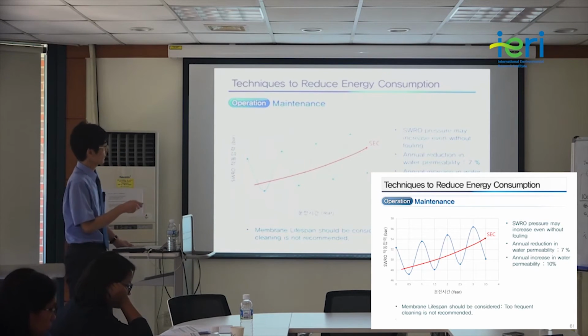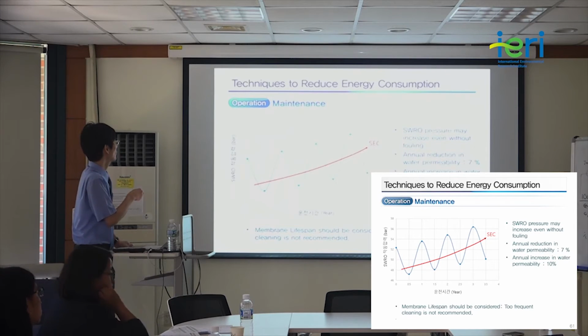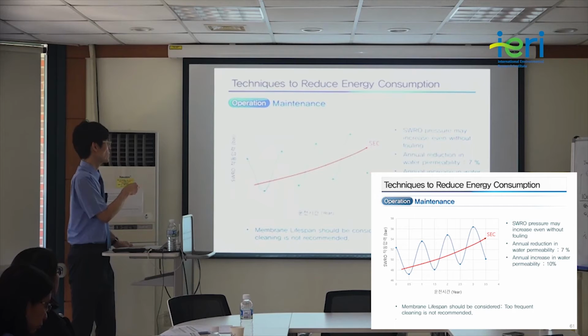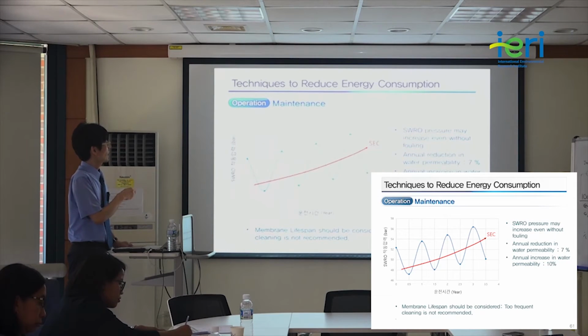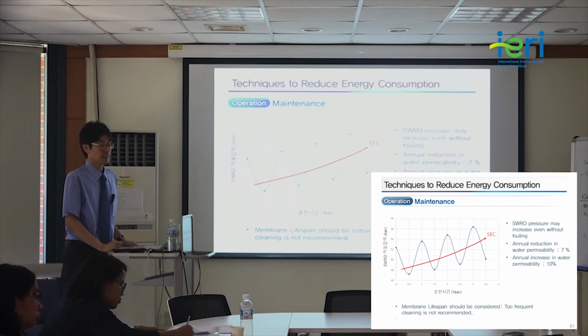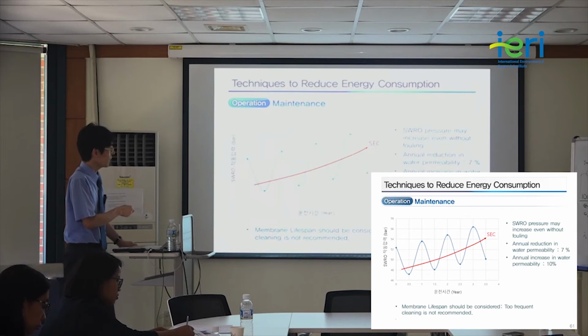So what's happening here is, if you operate the membrane and monitor the applied pressure in the membrane system, the applied pressure can be changed by the seawater temperature. In this case, this is actually the simulation in Korean seawater.